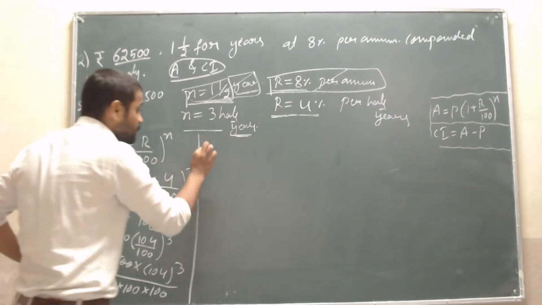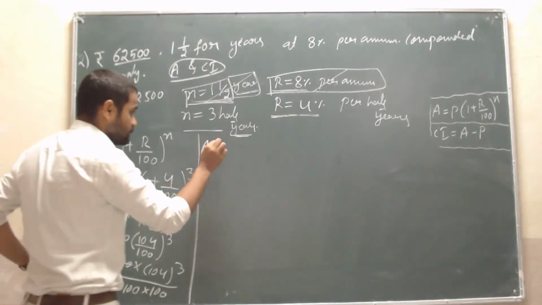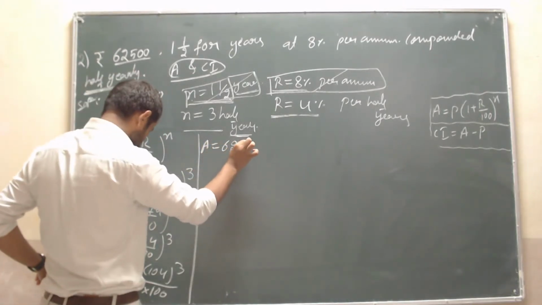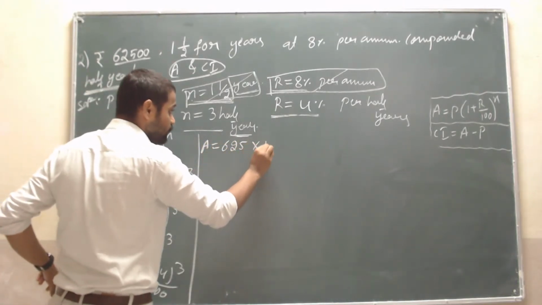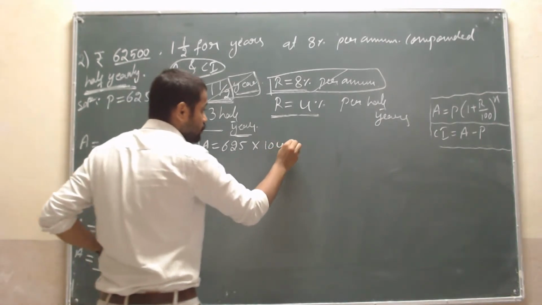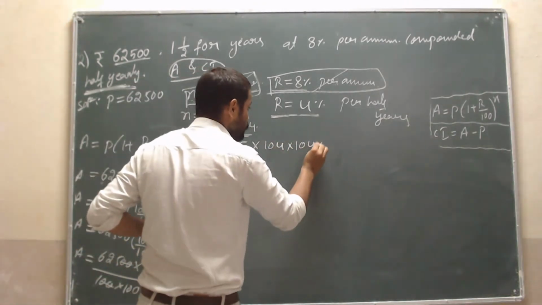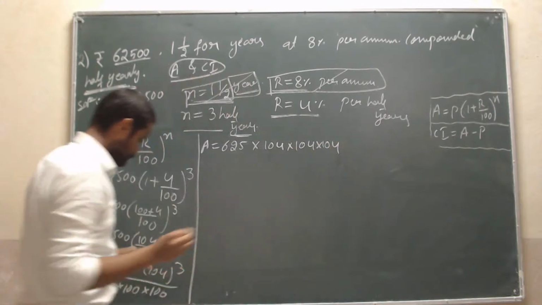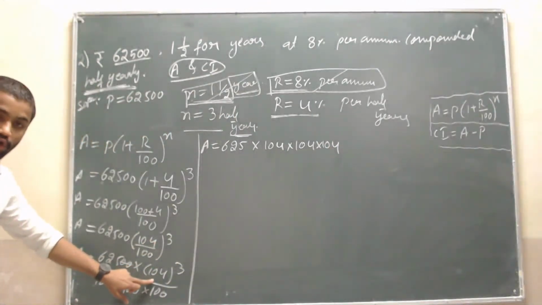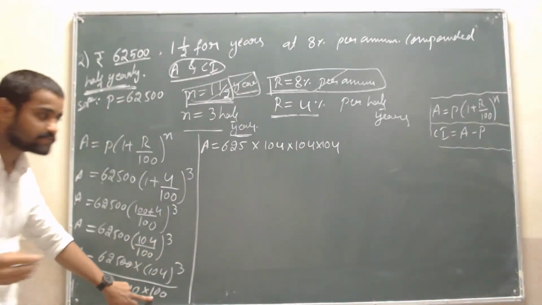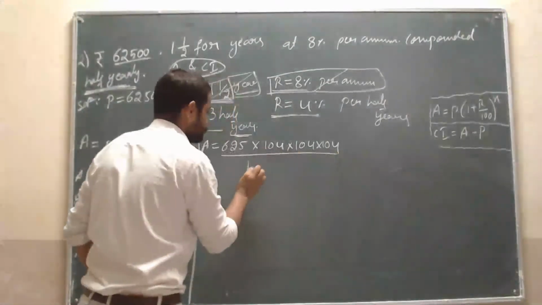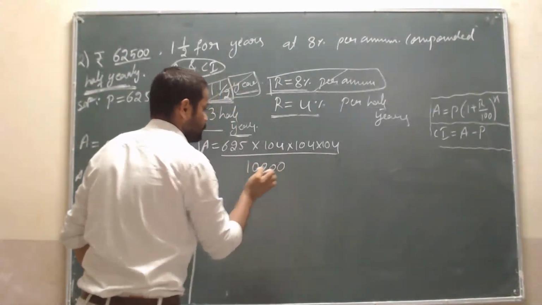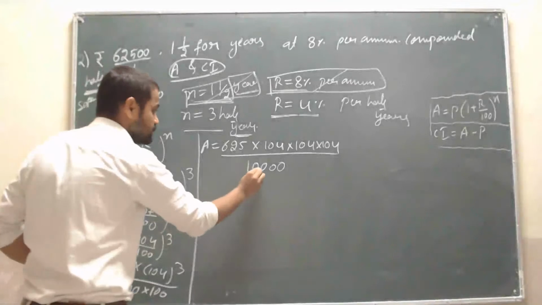Now tell me, 625 into 104 into 104 into 104, and 100 into 100 is 10,000.